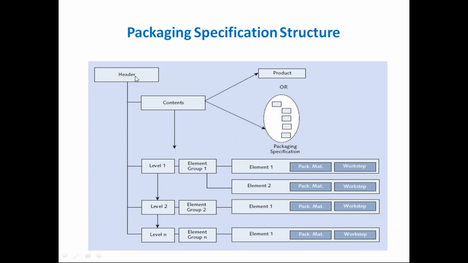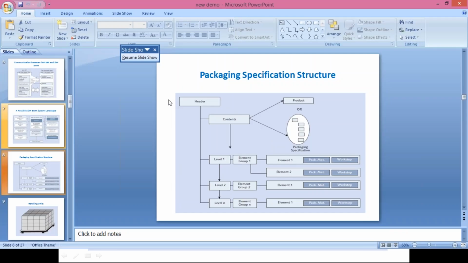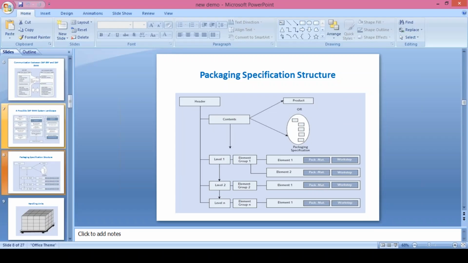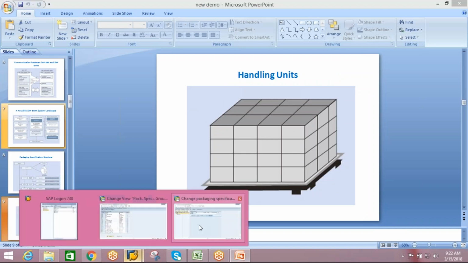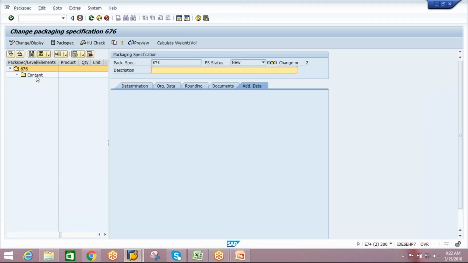We can find the information of the document: the number, who created it, when it was created, and the condition procedures. We can see here. Coming to the content, if we look at the system, only the content is appearing.